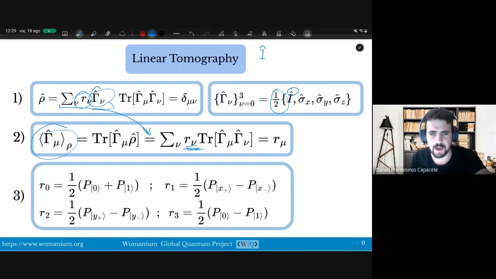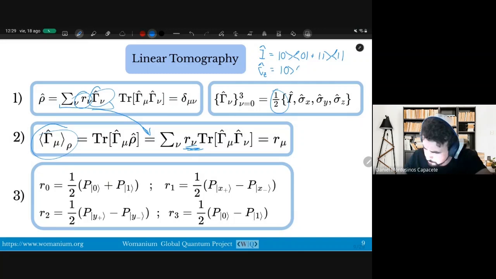Everything that has this hat over the letter denotes a linear operator. Just notation. So we can write the identity as |0><0| plus |1><1|. This is just the completeness relationship. Remember that. But for example, the sigma x or sigma z, maybe it's easier.